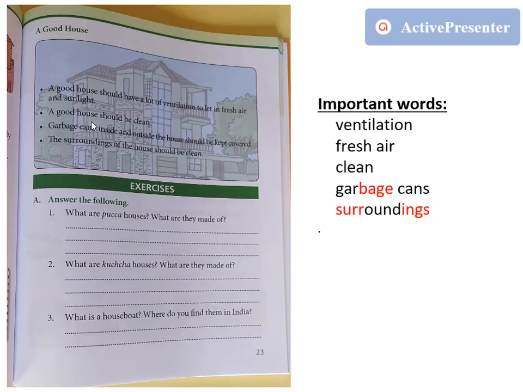A good house should be clean. Garbage cans inside and outside the house should be kept covered, right? The surroundings of the house should be clean.